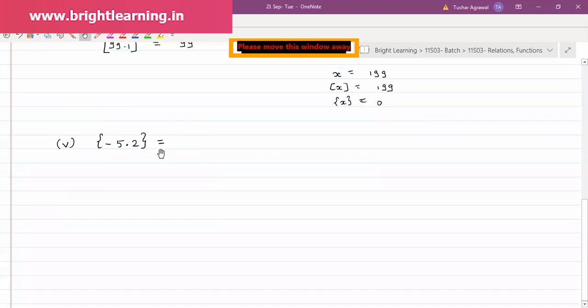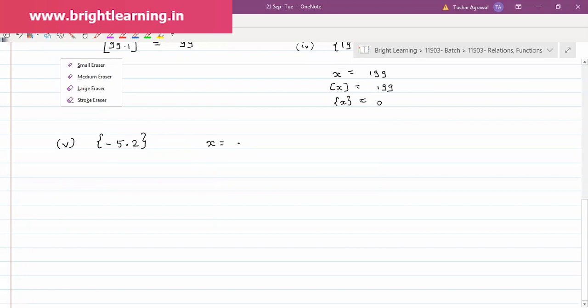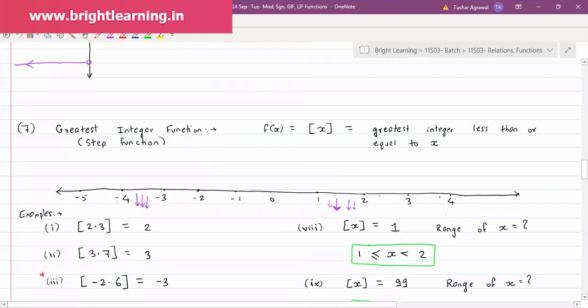Okay, see here everyone. Minus 5, if you want to find out. Now, if you go by the traditional approach, this algebraic approach is actually a long one. You should be able to picturize the value, but okay, let's first go simply by the algebra. x is equal to minus 5.2. Can you see that step x will be equal to how much? We have seen negative value step functions in the previous class. If x is minus 2.6, the step function is negative 3.